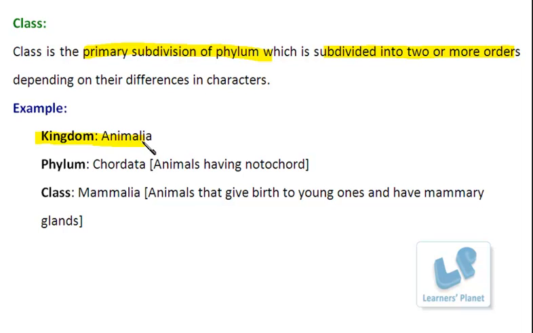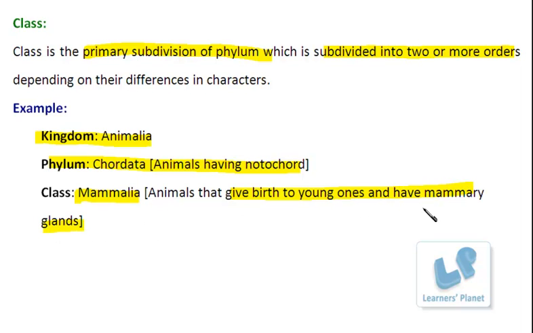Like if the kingdom is Animalia, the phylum is Chordata. Then in Chordata, there will be a class, that is Mammalia. Of course, there are other classes also, like Amphibia, or there is a superclass also, that is Tetrapoda. In short, the phylum is subdivided into the class Mammalia, and Mammalia is a group of animals that give birth to young ones, and they have mammary glands.